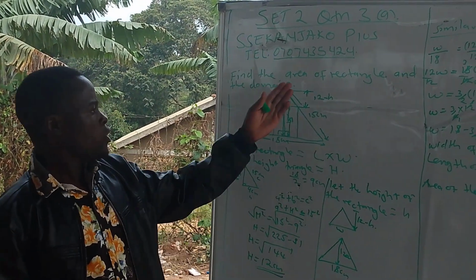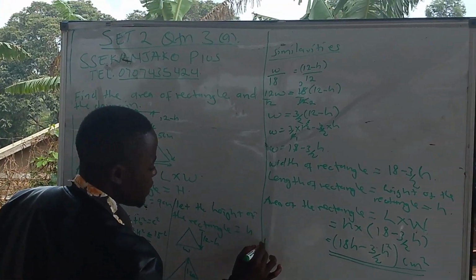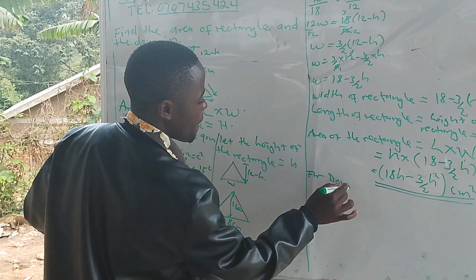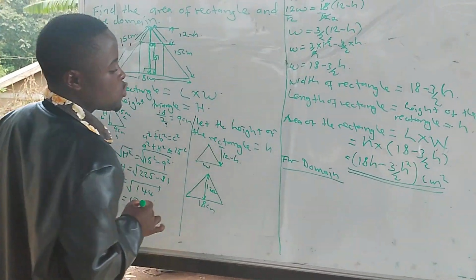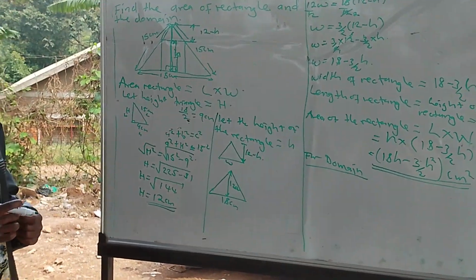Now it's also asking to find the domain. For the domain, the rectangle exists inside the triangle.